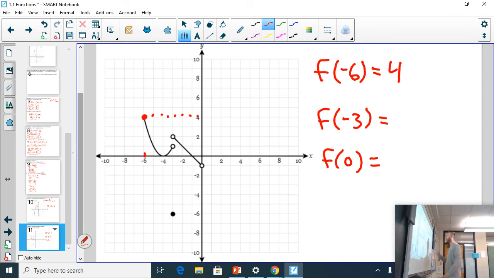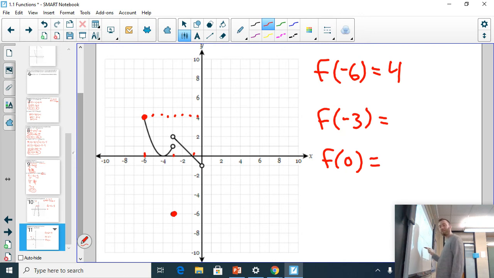And now it wants f of negative 3. So let's go over to negative 3, 1, 2, 3. Notice we have two open dots above here. Those two open dots mean that's not where the function is, right? Just like if we had an open dot on a number line, we're saying the function isn't there. But look down here, we actually have a closed dot right there.